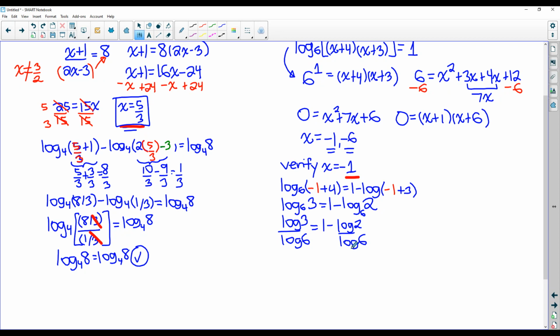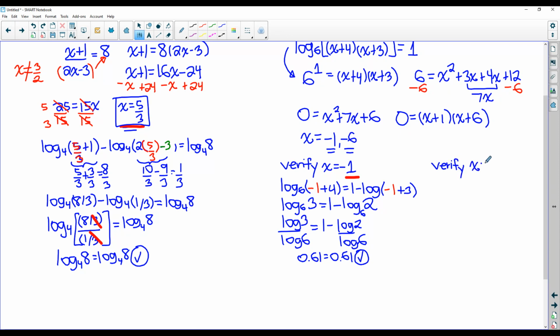What you should get on each side of the equation is roughly 0.61. So 0.61, 0.61, and then a check mark. That verifies.